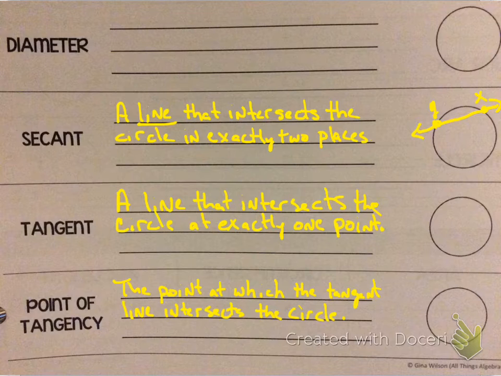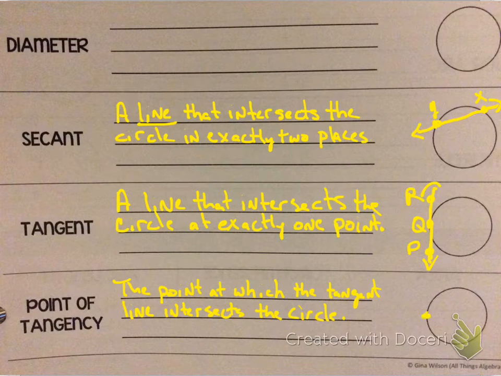Now, when a line only touches it in one location, like this, and I'm not drawing it very well, but let's say this point Q, we'll put P here, we'll put R here, if the line only intersects the circle in one point, that is called a tangent line.